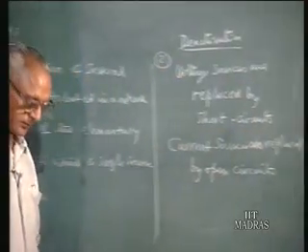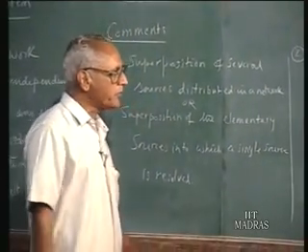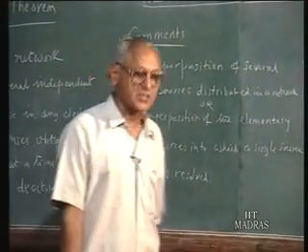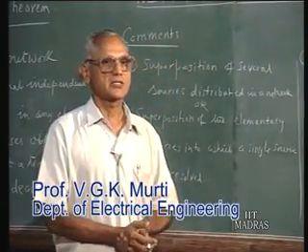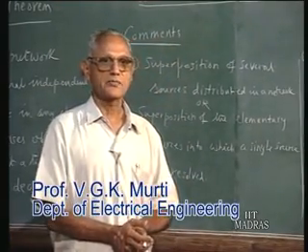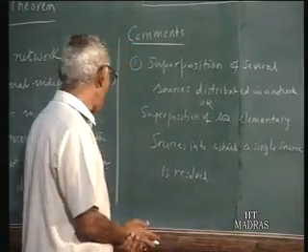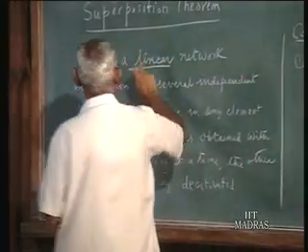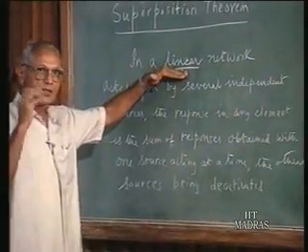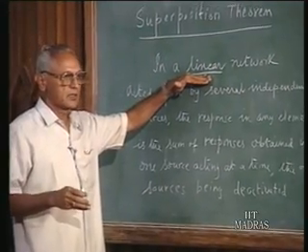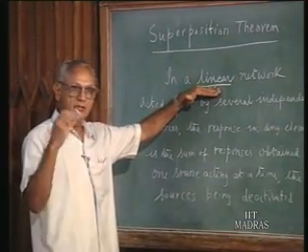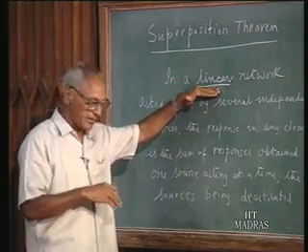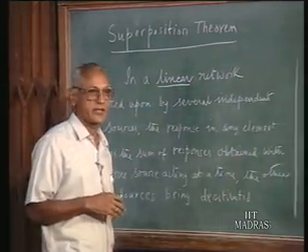Third point is, when you are considering the effect of these various sources at a time, it is only the independent sources that you should consider. Dependent sources, if there are any, form part of the linear network. A linear network contains linear elements, and the linear elements include the dependent sources also, because the dependent voltage source is linearly dependent on the controlling quantity.